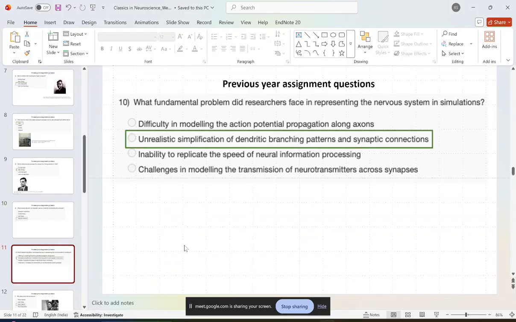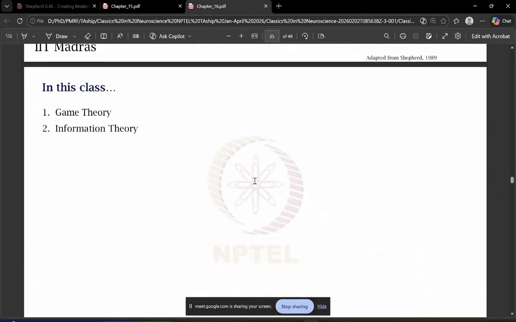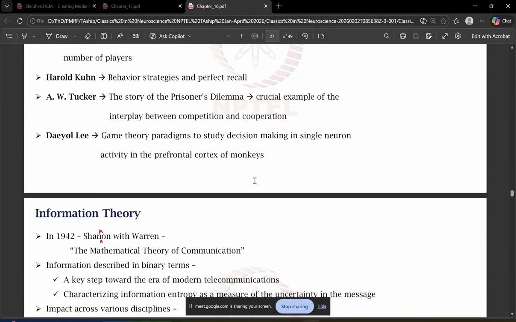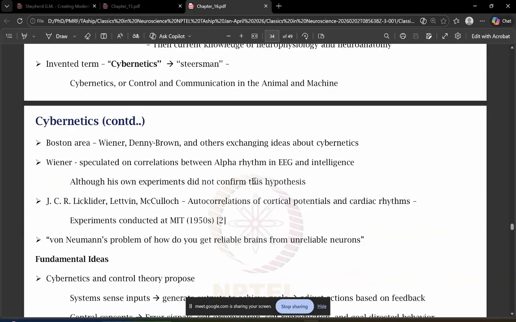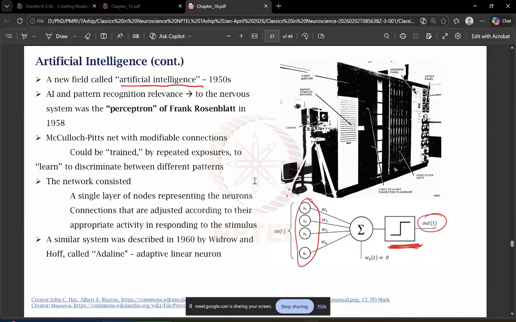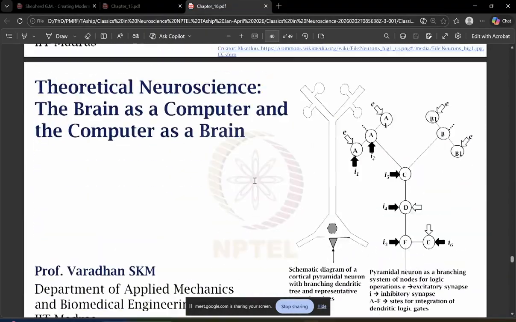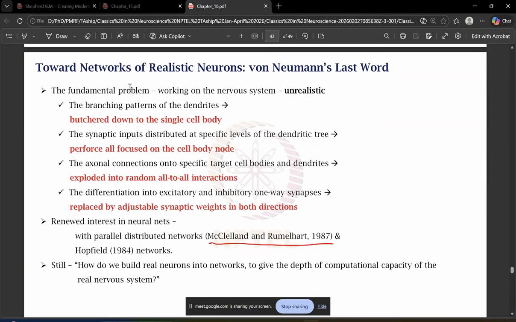Next, what fundamental problem did researchers face in representing the nervous system in simulations? So, what were the problems?